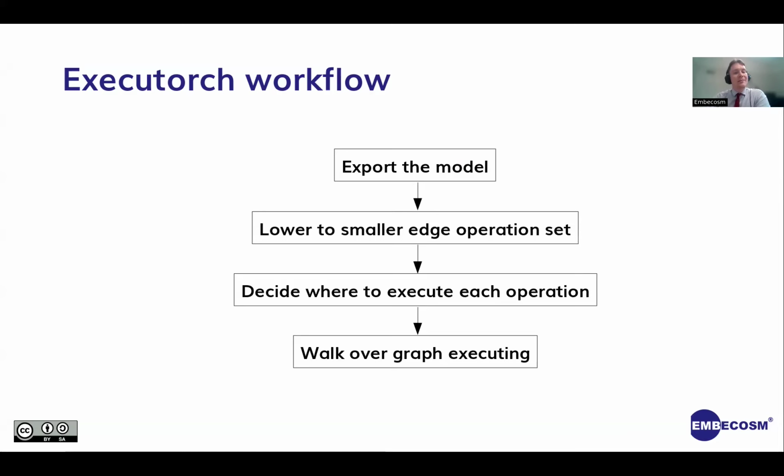At the same time as we are compiling our model, we also decide where each of these operations is going to be executed. And this is a little bit different from normal PyTorch, because in normal PyTorch, it's up to the user to decide where their data is at any given point, and where they want operations to be executed. And then essentially, when we have done this, we end up with a serialized PyTorch model, and we can pass this to our Executorch runtime and go over executing it.